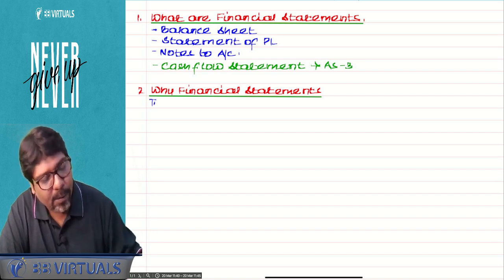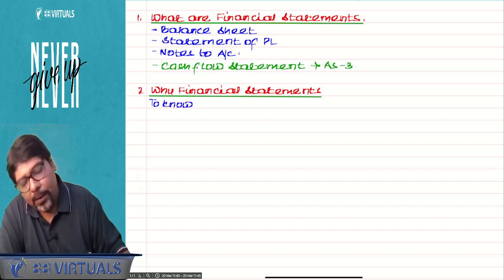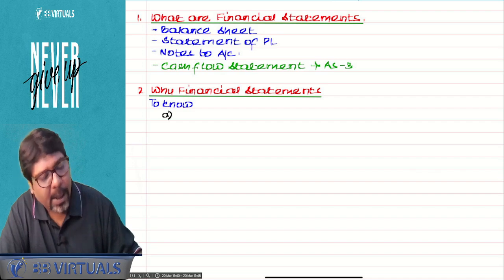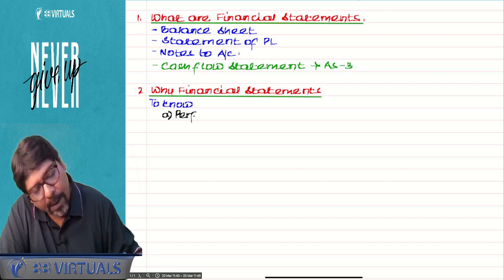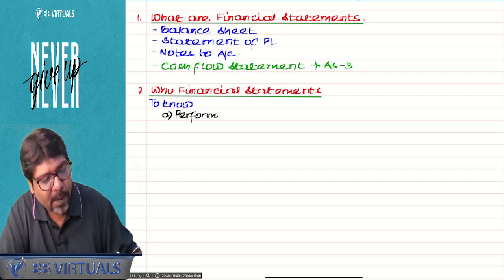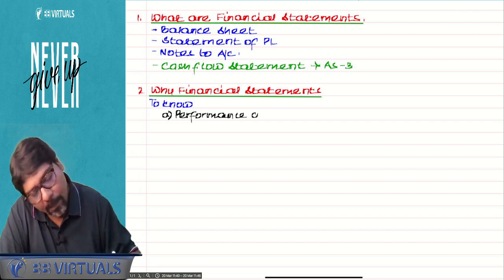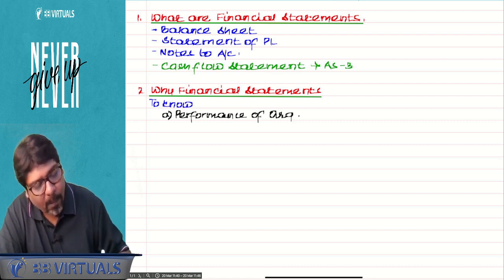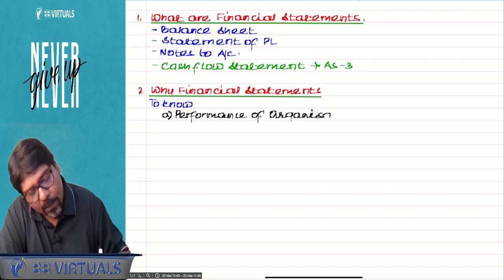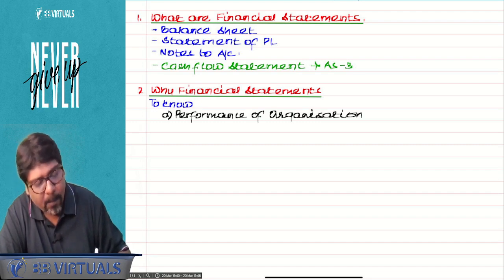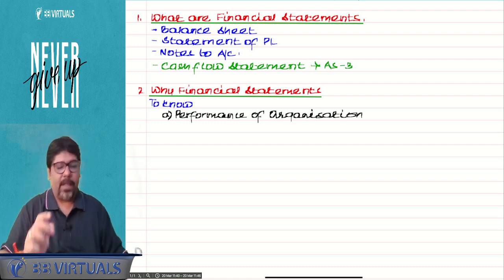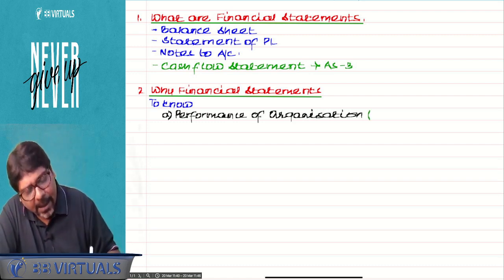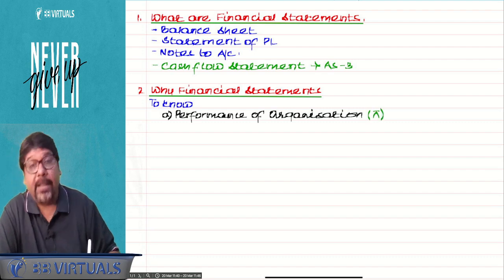Two, performance of organization. That means in layman terms, if I call it profit, this is the symbol of pi.